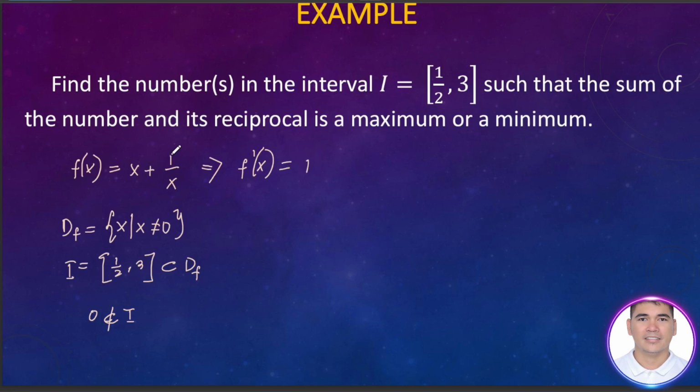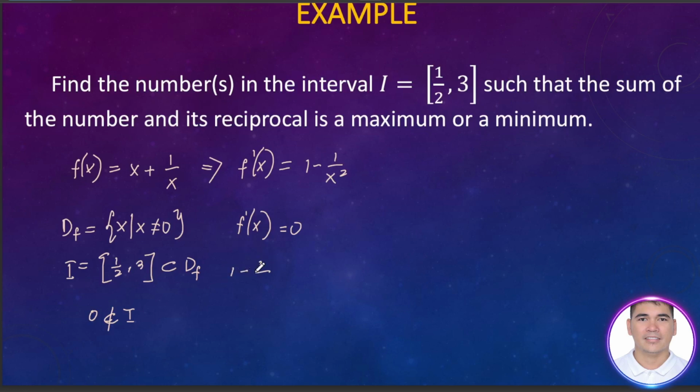The derivative of 1 over x, using the quotient rule, is 1 over x squared. Since 0 cannot be a critical number, even if it makes f undefined, we set f prime of x equals 0 and solve for x.